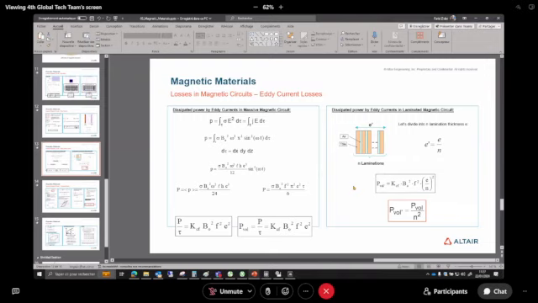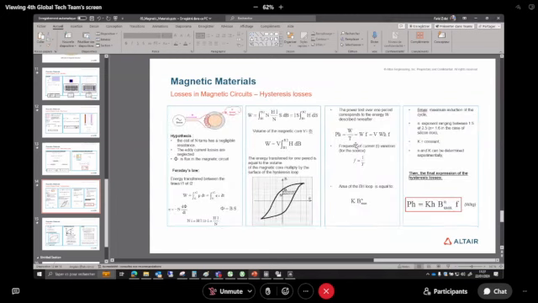Then there is hysteresis losses. Hysteresis losses is something you can observe if we make a laminated torus, and we say that we have neglected the eddy current losses here. For instance, we can supply with 10 hertz and the torus is laminated.